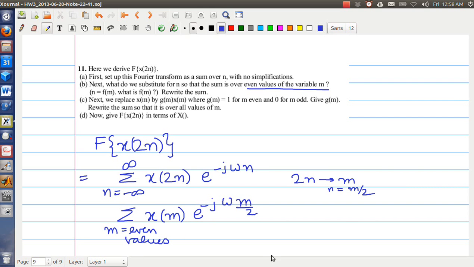So although this looks nice and similar to the Fourier transform, this n is supposed to be over all n. Here the m is only the even value, so this is not yet usable.